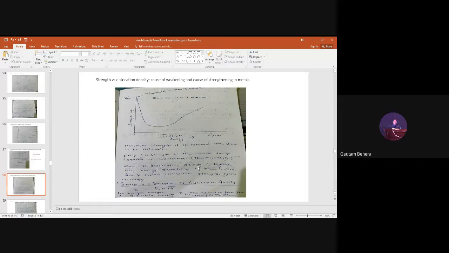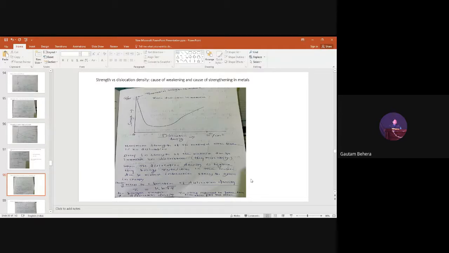Now you can see there is a relationship between the shear stress and dislocation density. This is a very good relationship: tau is equal to k b root rho. Here the shear stress required to force two dislocations past each other depends upon the dislocation density.